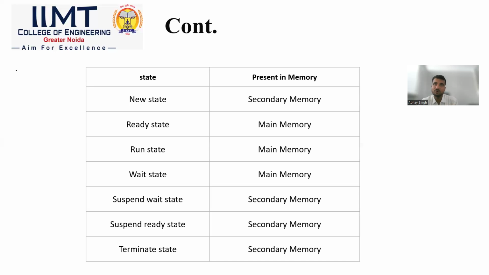If the long-term scheduler chooses only CPU bound processes, then the CPU is overloaded, the running state is busy, and the input output state is free. Then the system is unbalanced. So the long-term scheduler chooses the combination of both, input output bound process and CPU bound process.